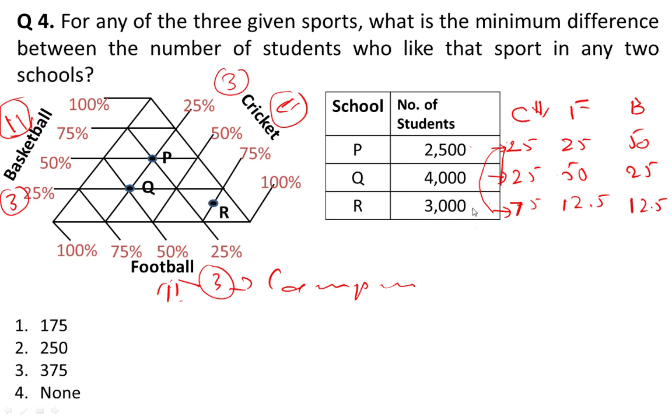In other words, 3000 is a higher base than 2500, and this 75% is higher than 25%. So here the base is greater and the percentage is greater. Then obviously the gap is increasing from two sides. One is in terms of base, the other is in terms of percentage. So therefore the gap will be high. Now when I compare, let me erase this.